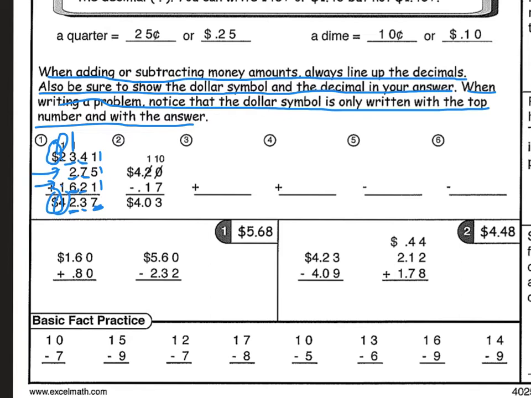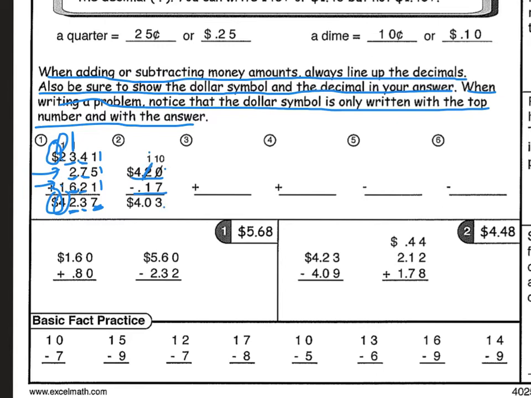Let's see how they did subtraction. We've got $4.20 minus 17 cents. And notice that is 17 cents, decimal point 17. The only reason there's a dollar sign missing is it's in the middle of a math problem. And so 0 minus 7 is not 7. We have to regroup.